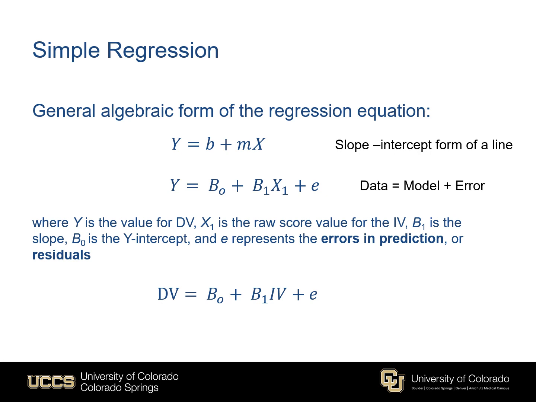So in thinking about this second equation, if the y is your dependent variable data, then the model is your slope and your intercept, what's in the red rectangle there. And then any differences between your actual data y and what your model would predict is the error that's on the far right.